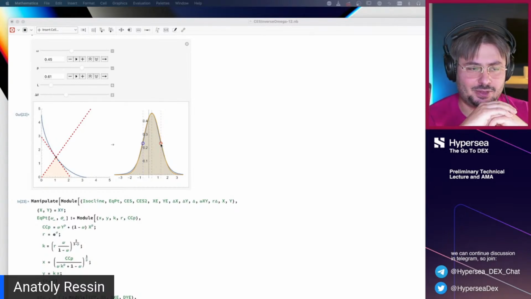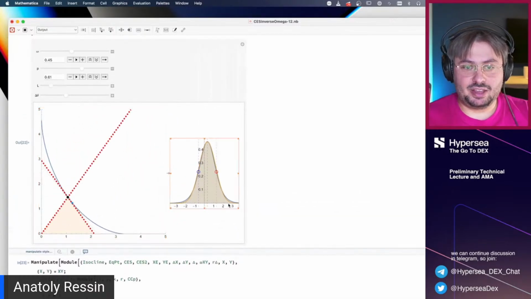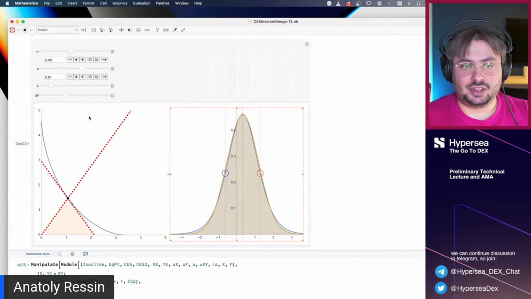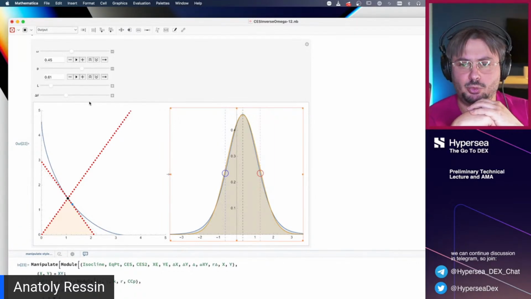For example, if there is big volatility on the market, then in a traditional setting, market makers are just removing the liquidity, they are hiding the liquidity.